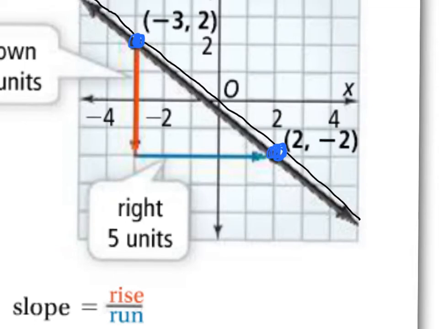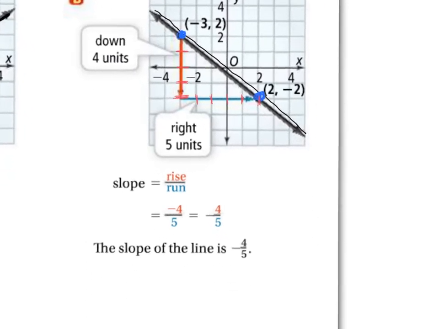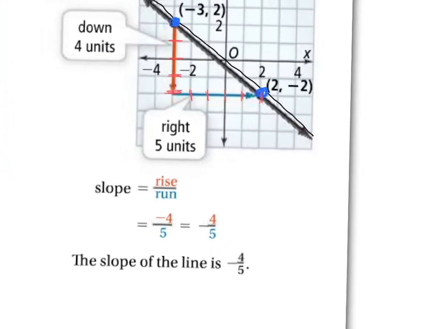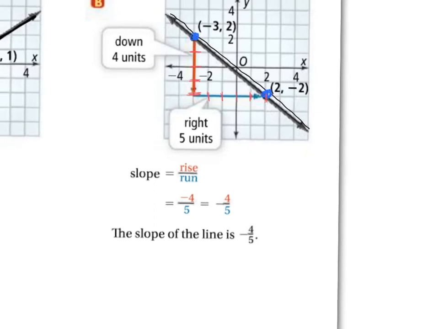Run always goes from left to right, just so that we have a standard, but rise can go up or down. So we're going down 1, 2, 3, 4. Our rise is -4, and our run is 1, 2, 3, 4, 5. So our slope should be -4 over 5, because we went down 4 blocks over 5 blocks. And again, that's the same thing as the rate of change.